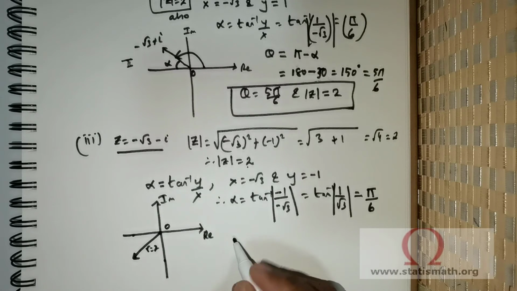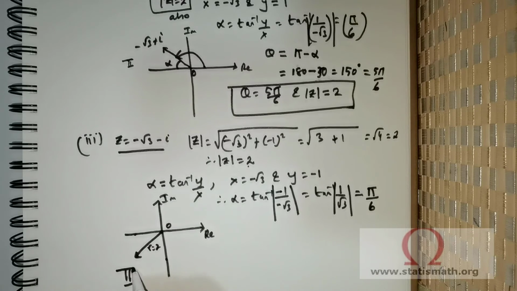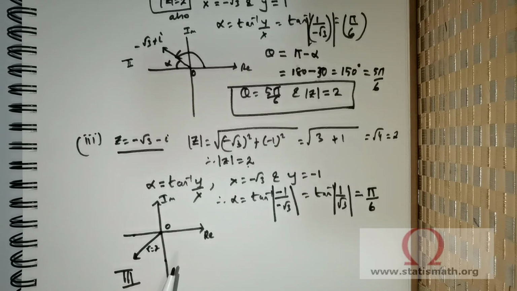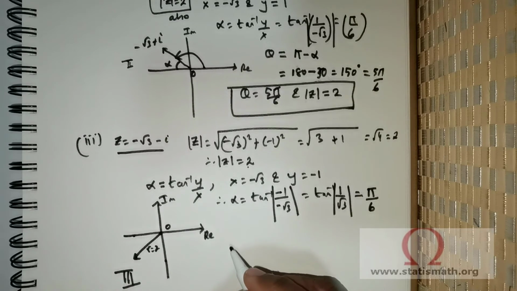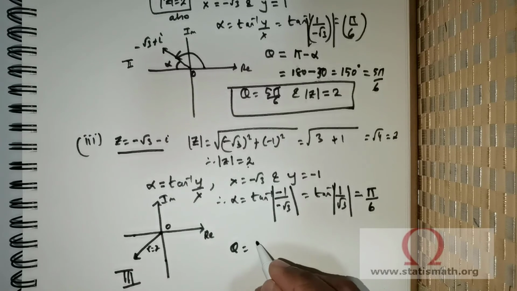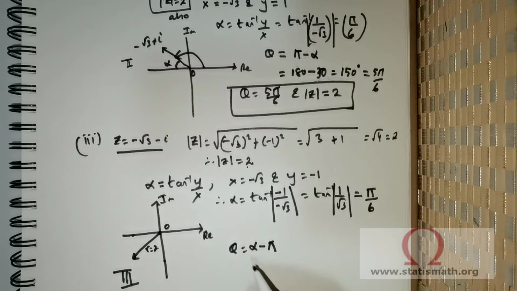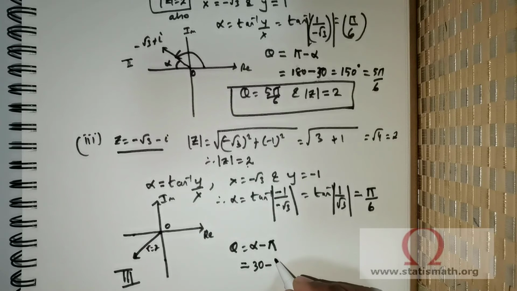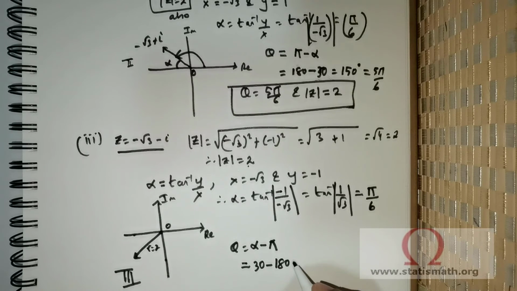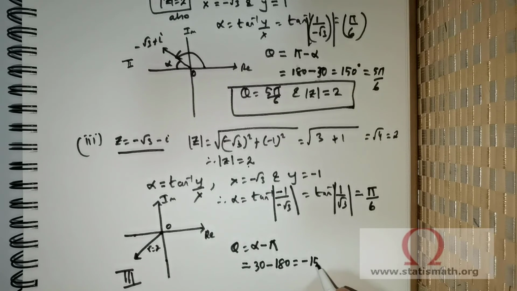Anyway, the most important part: since I know the argument is present in the third quadrant, I know the value of theta is got by subtracting pi from alpha. So alpha minus pi would give me the value of theta. In this case, my alpha is 30 degrees and my pi is 180, so that is going to be negative 150.